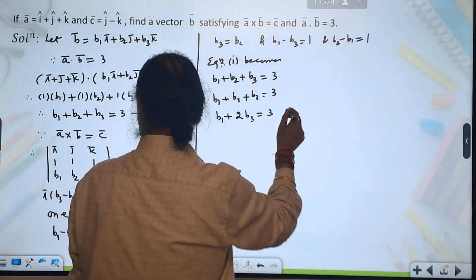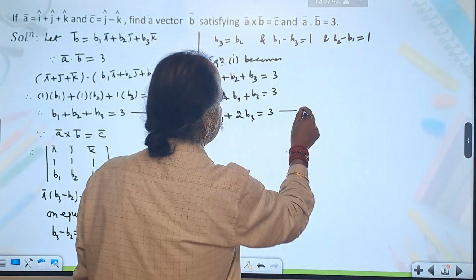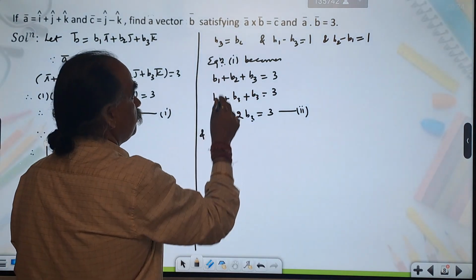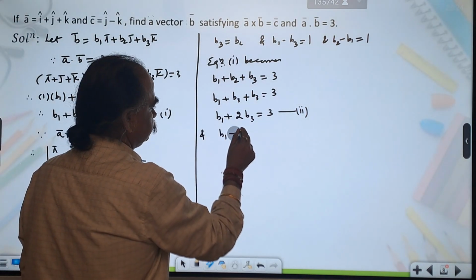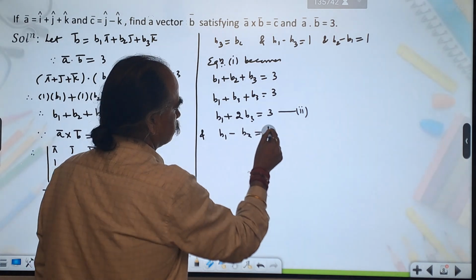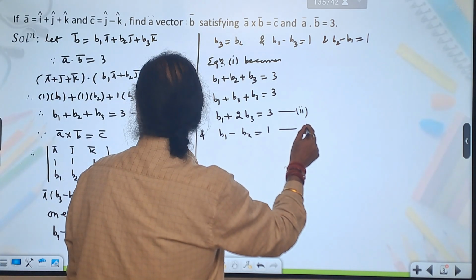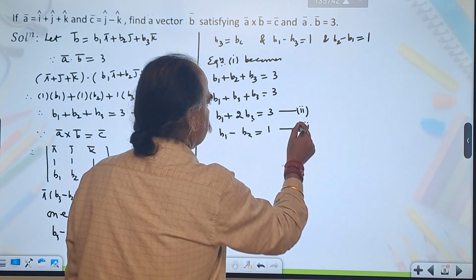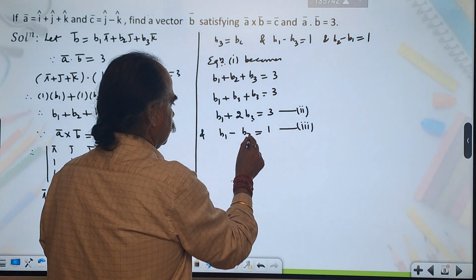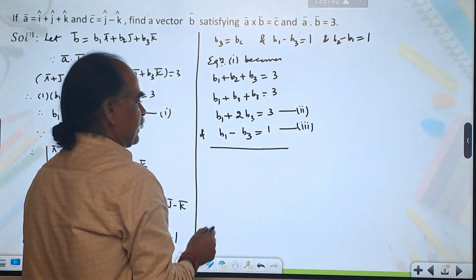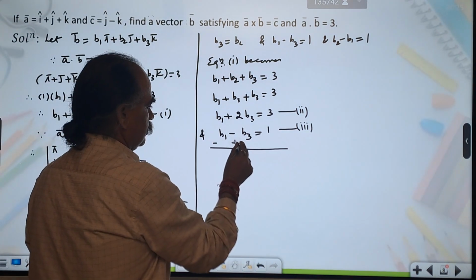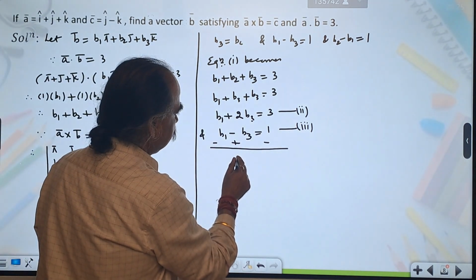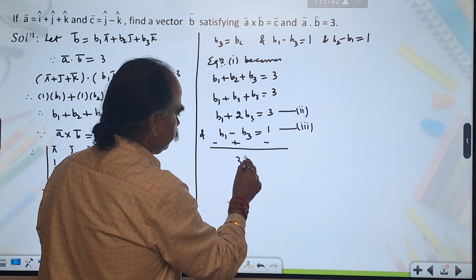Write this as equation number 2, and b1 minus b3 is 1, equation number 3. Subtract, and b1 will get cancelled, giving 3b3.